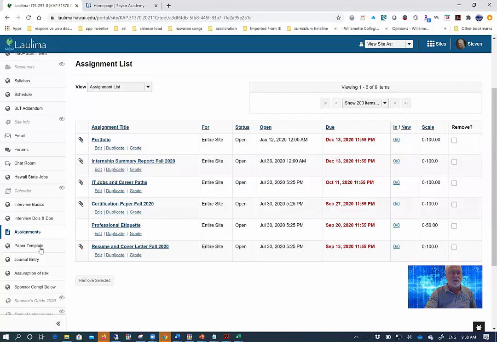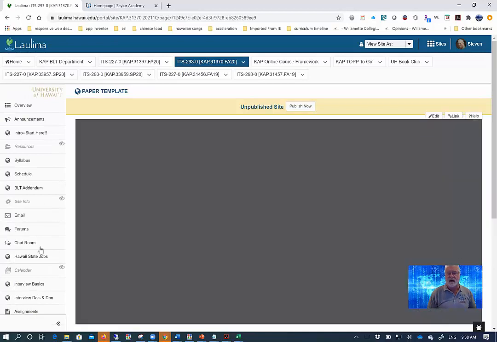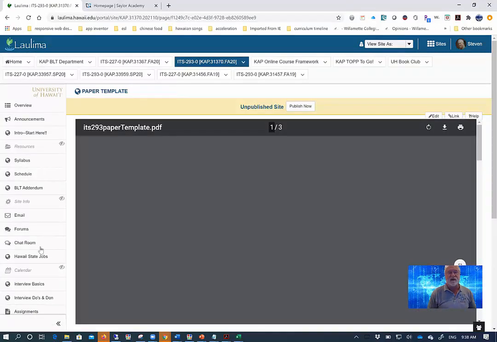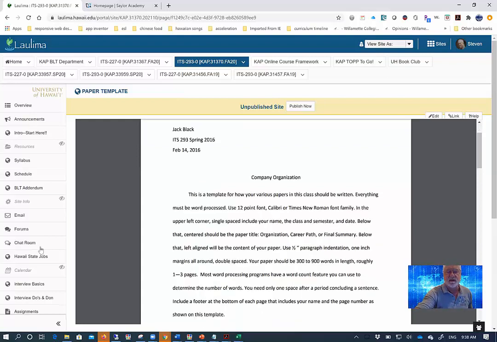I talk about a paper template. I give you an example of the template. It's right here. And in all the assignments, it says to follow the course's paper template. This is what I'm talking about. Okay, you see upper left-hand corner, you have your name, the course, the date. The title is centered. The paper itself is double-spaced, half-inch indentation.